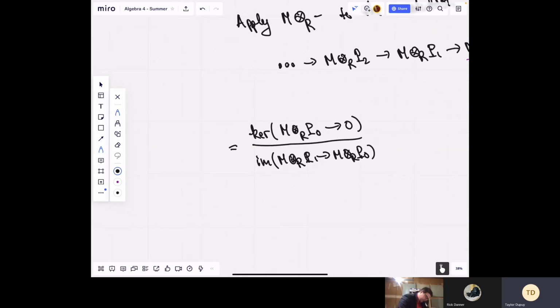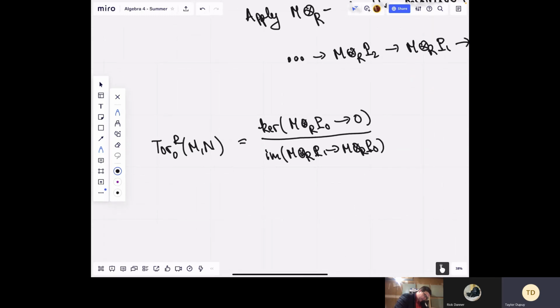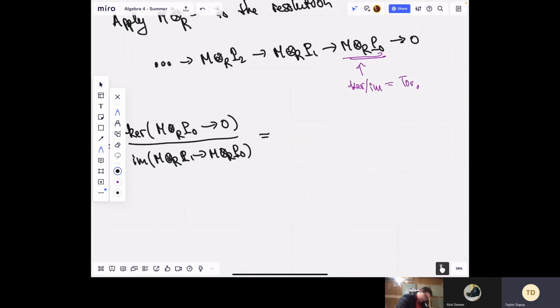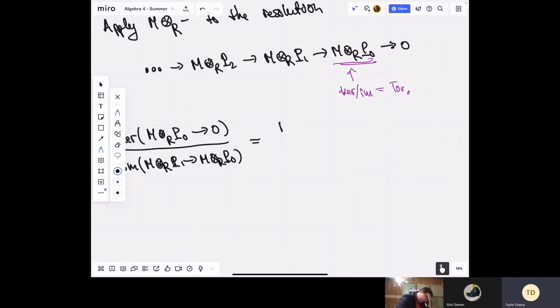This is what Tor 0 of M, N looks like. And what is this thing here? It's just the top thing, M tensor over R with P0, modulo the image of M tensor over R with P1 to M tensor over R with P0.